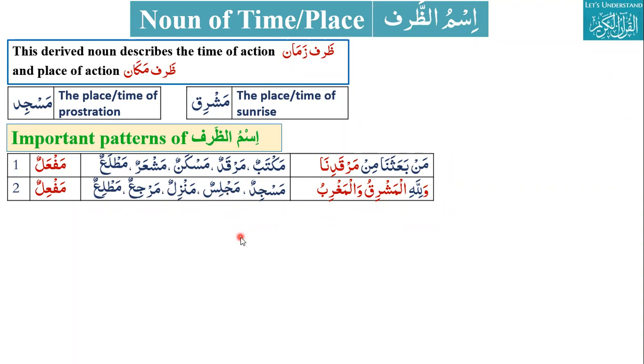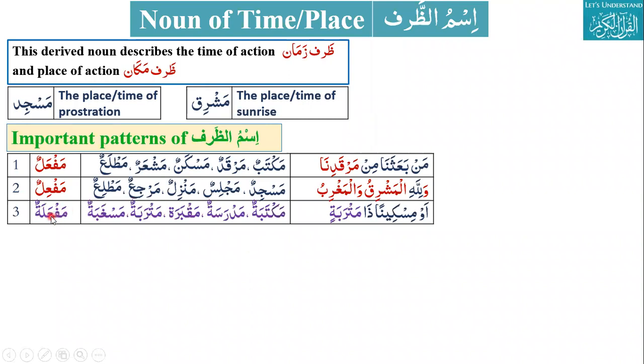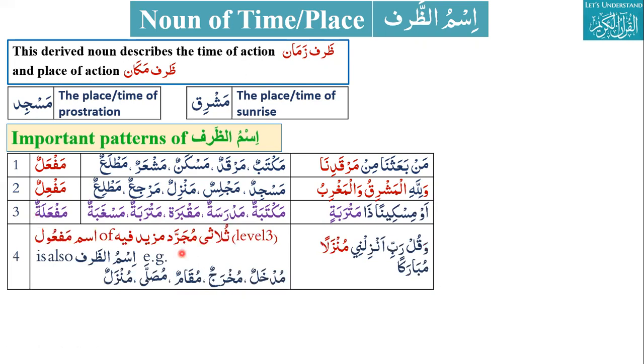These are the patterns. Then maf'ala is the feminine, like maktab becomes maktaba. Similarly madrasa, maqbara, matraba, masraba are the feminines of these. Another point is that in level 3, the ismul maf'ul is also ism zarf.